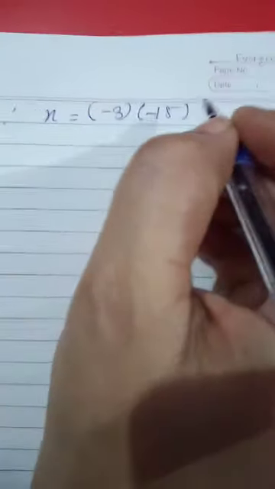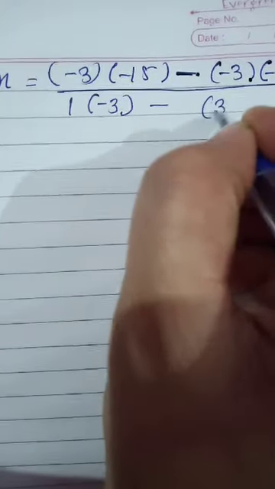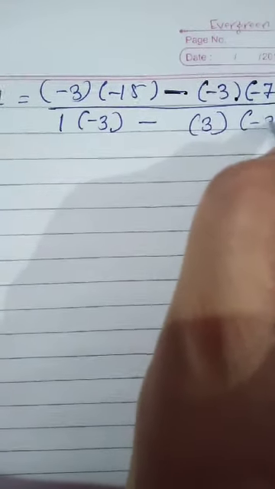Now substitute the values. Therefore x is equal to b1 c2. The value of b1 is minus 3, c2 is minus 15, minus b2 is minus 3, and c1 is minus 7. Now denominator a1 b2, a1 is 1 and b2 is minus 3, minus a2 is 3 and b1 is minus 3.